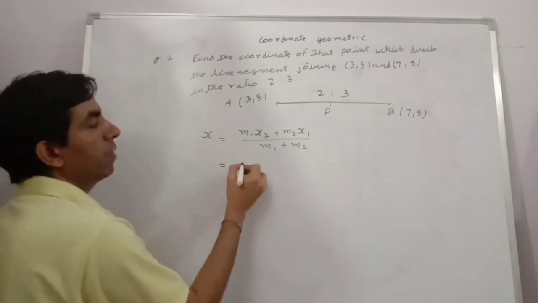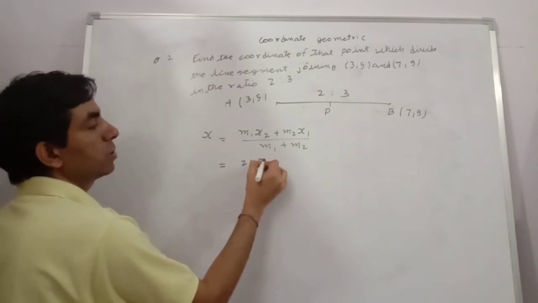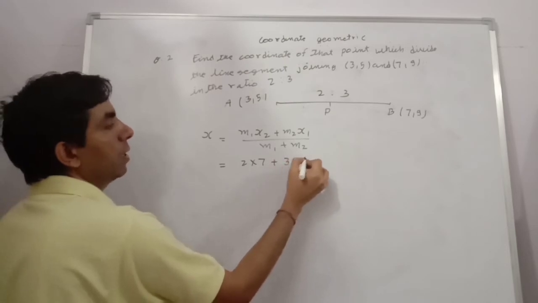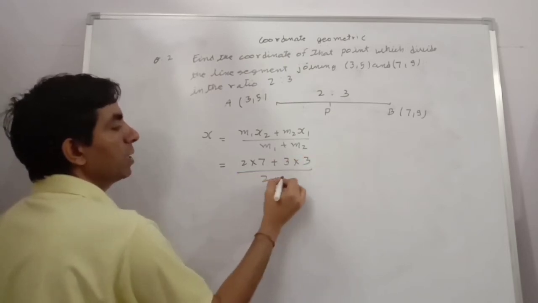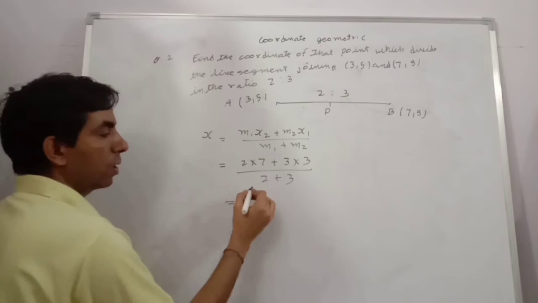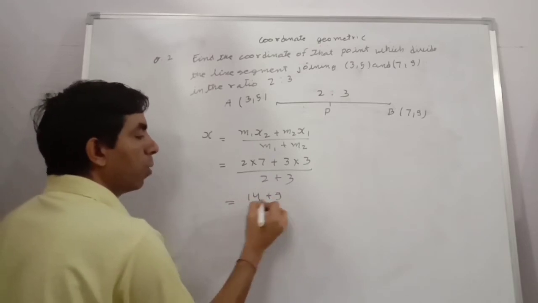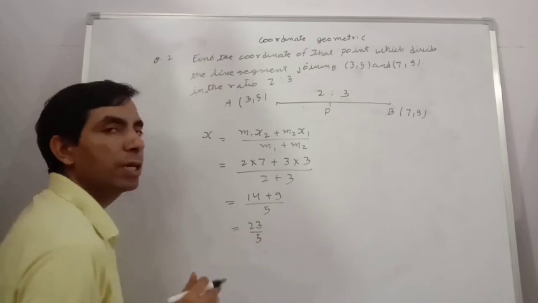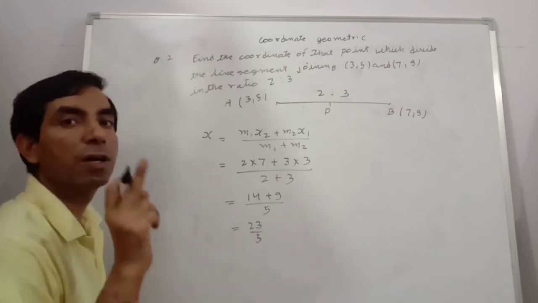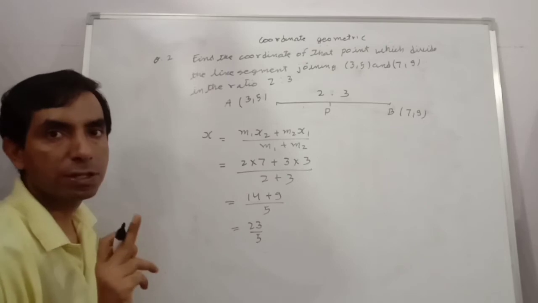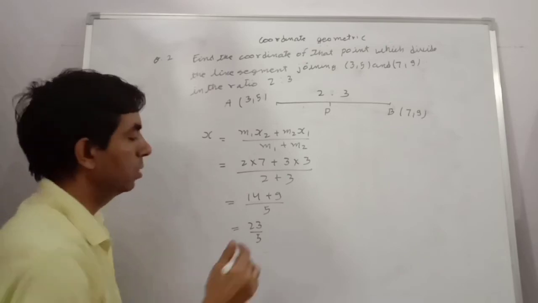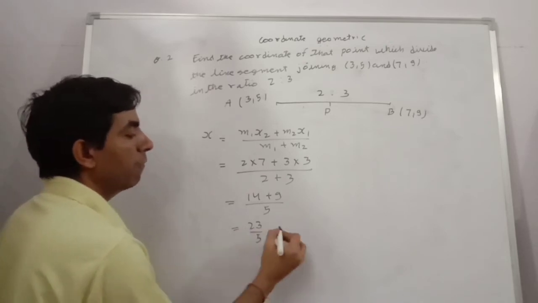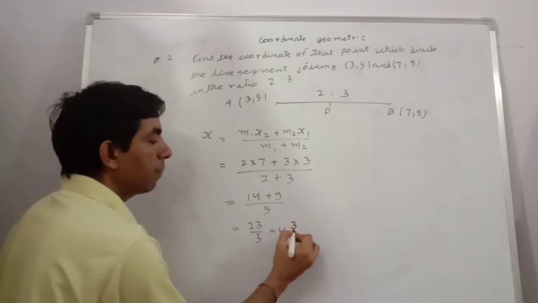So here m1 is 2, multiply x2 which is 7, plus 3 multiply 3, upon 2 plus 3. 2 times 7 is 14, plus 9, upon 5, means 23 upon 5. If we want, we can change it to a mixed fraction: 5 times 4 is 20, so 4 3/5.